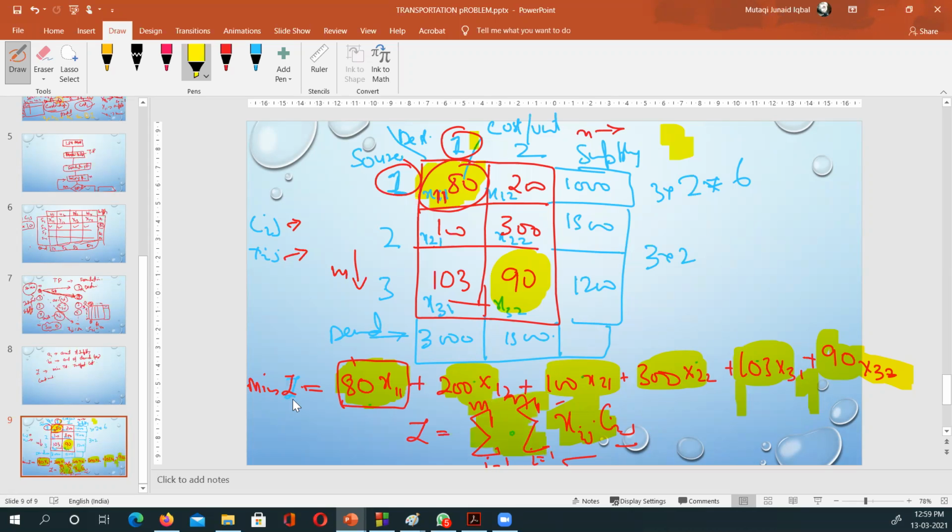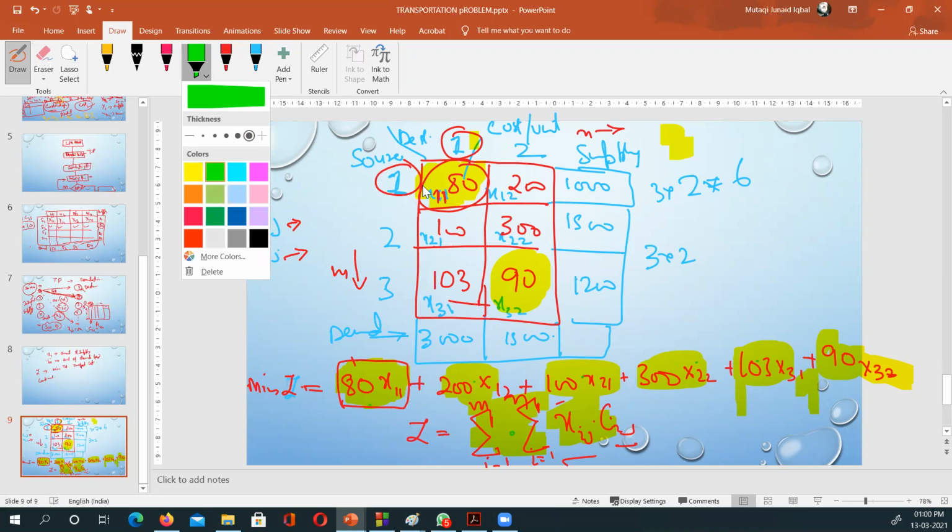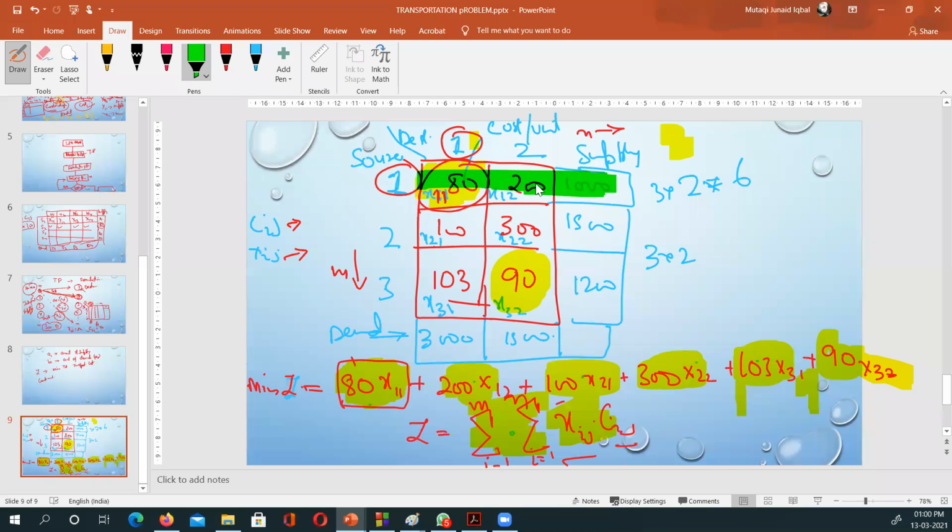Now this is my objective function, but it will be subject to constraints. How many constraints do we have here? We will again have 3 constraints. If I change my color to green, this way the constraint is the first supply constraint, second supply constraint, third supply constraint.